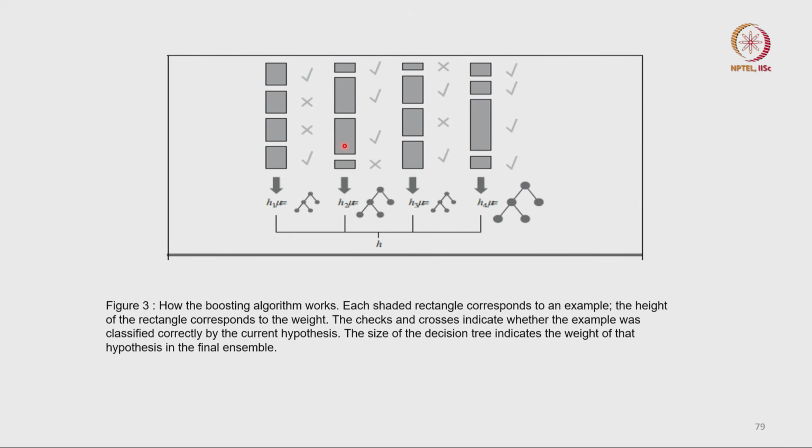Finally, after going through all these, you will find the final weight. When you get a new example, it is classified by taking all those into account, and then you get one hypothesis H, which is what is used basically.